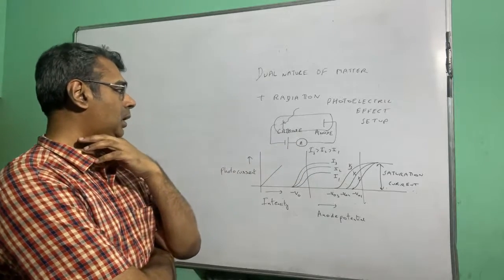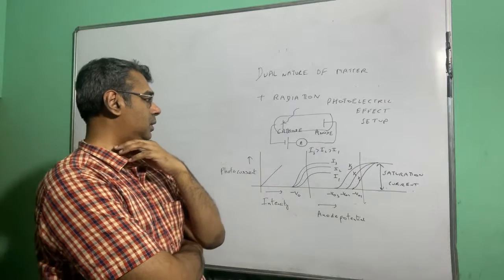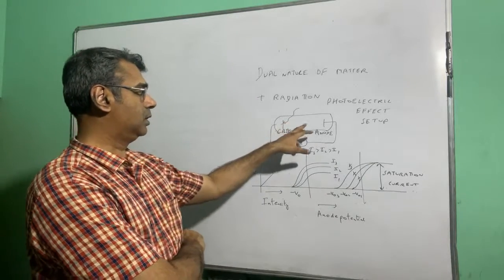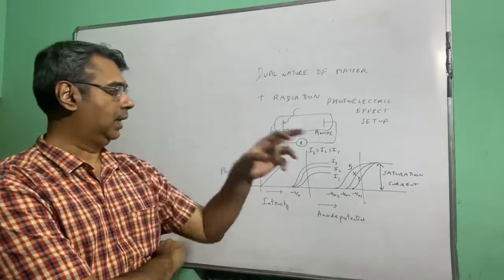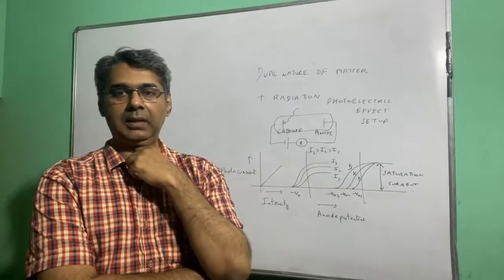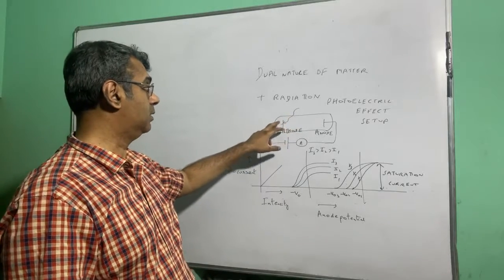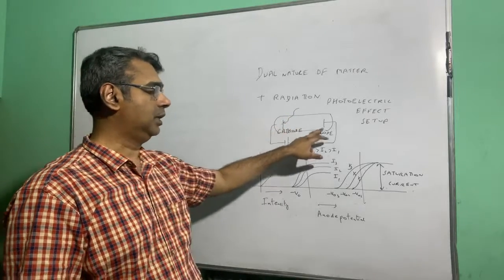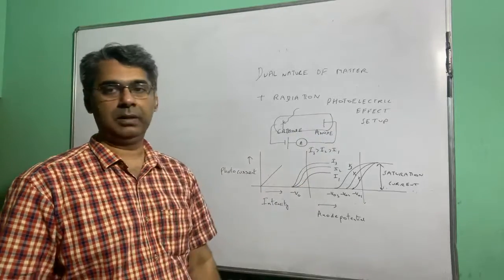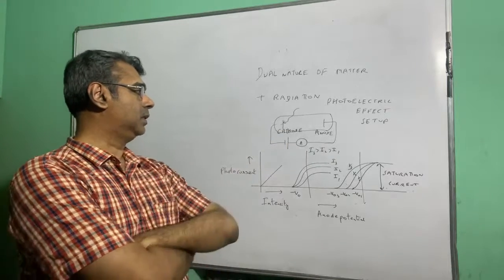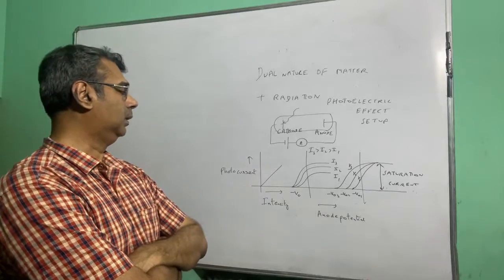When light of a certain frequency falls on the cathode, a stream of electrons comes out of the cathode, goes up to the anode, the circuit is completed, and the ammeter shows a reading. That is what this experimental setup is all about. This setup is called the photoelectric effect experimental setup.